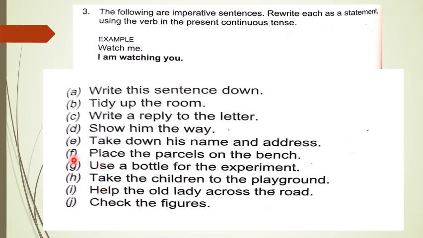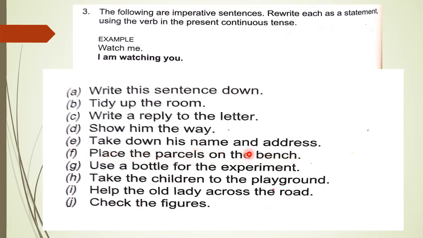Okay, let us do another sentence as practice. Sentence number F says, please place the parcels on the bench. Place the parcels on the bench. So if I use a singular noun or singular subject, I can convert this sentence as a declarative sentence as I am placing the parcels on the bench.